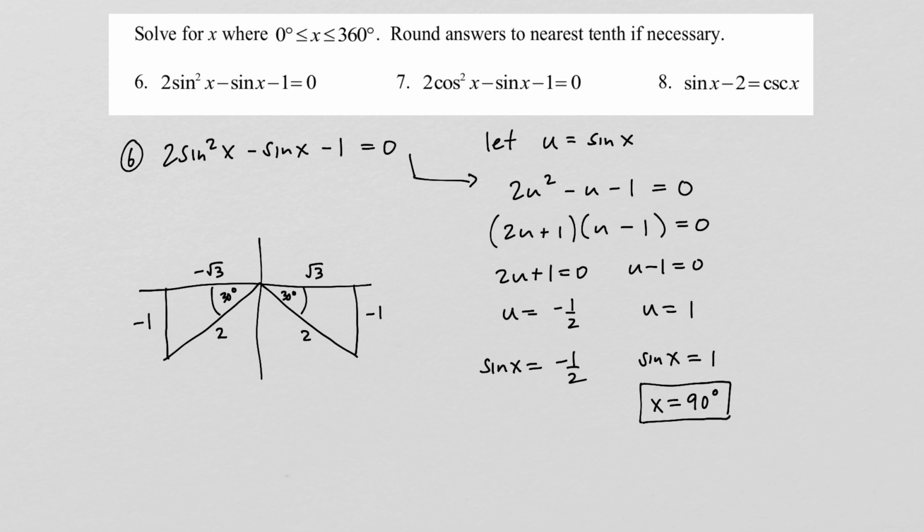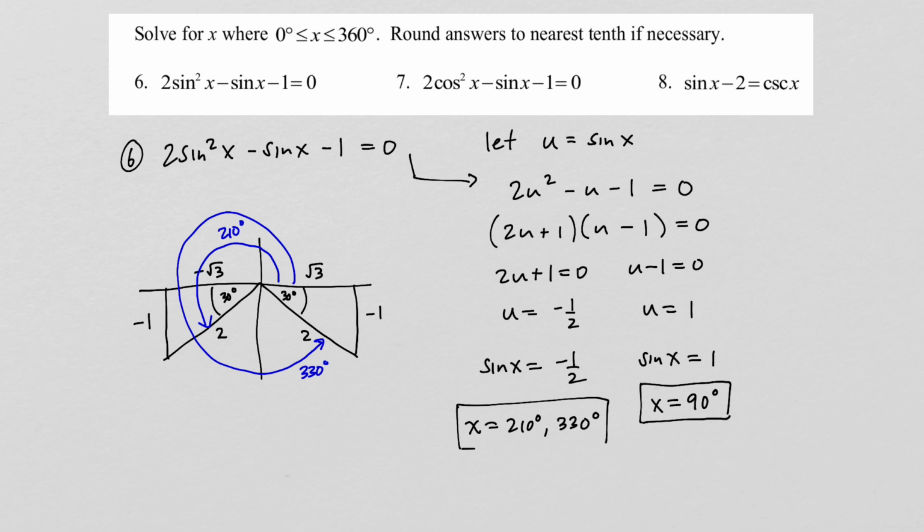So with a 30-degree reference angle, we know that this angle would be 210 degrees, and this angle would be 330 degrees. So the solutions here are going to be 210 degrees and 330 degrees. And so in total, we get 3 solutions.